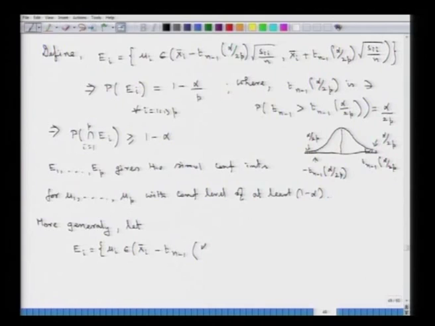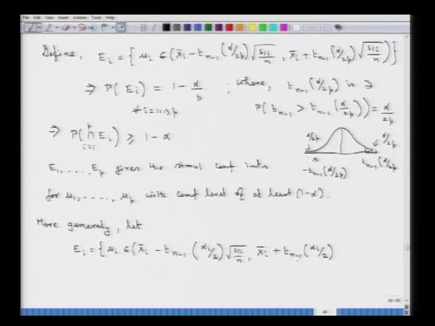We can make this alpha_i by 2, so that this level of error depends on the particular mu_i chosen here. This into S_ii by n is the same as what we had previously: x_i bar plus t_{n-1, alpha_i/2}.